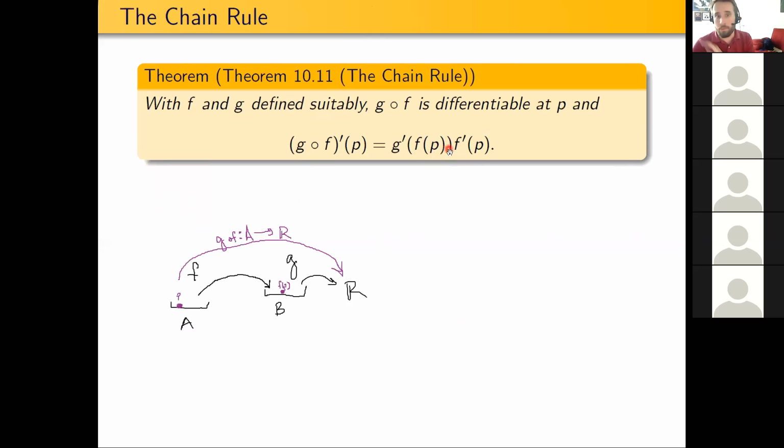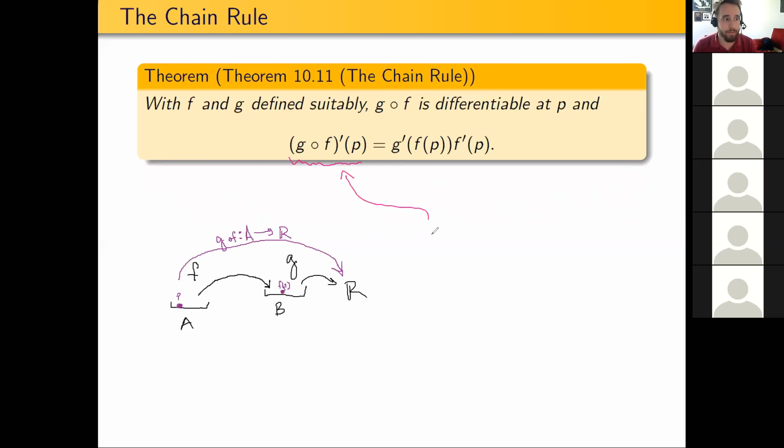Okay, so first, let's keep in mind what we're trying to prove. We need to take this expression, show that it exists and that it actually equals the expression on the right-hand side. And the expression here, G of F prime, that's really going to be a limit quantity.